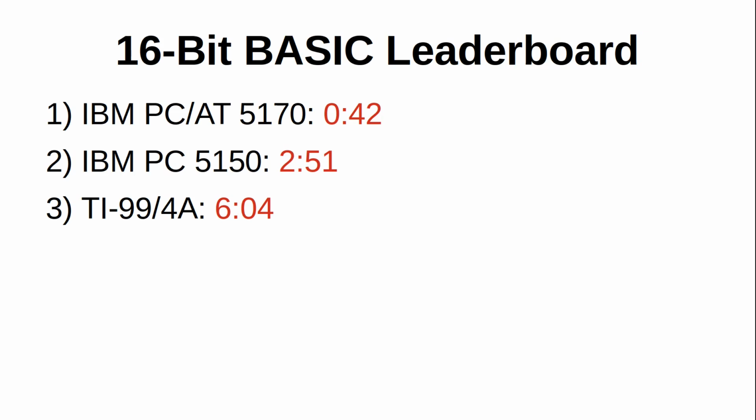We have all of these systems, each have something interesting to bring to the situation. And so the question is going to be, once we get through all of these, which one is going to be the fastest? Will these 68,000-based systems be more performant running BASIC? And then consequently with machine code.